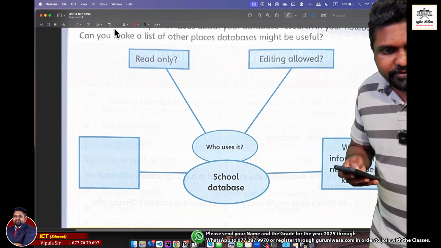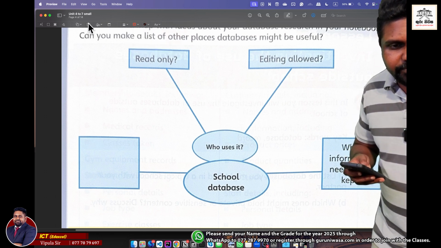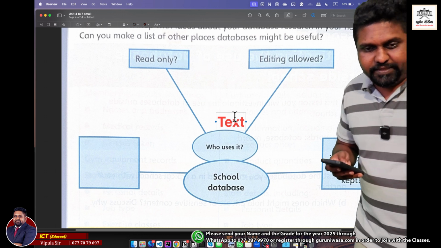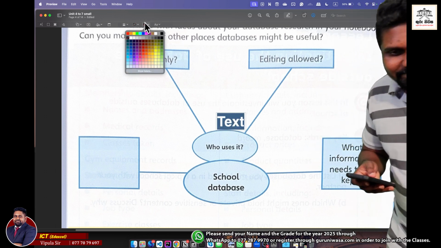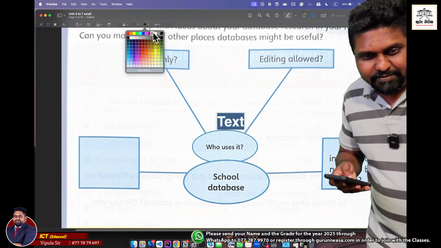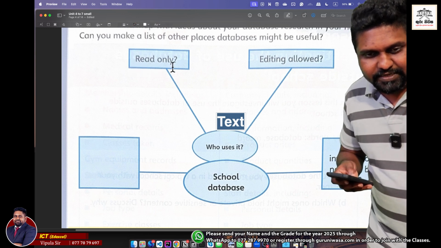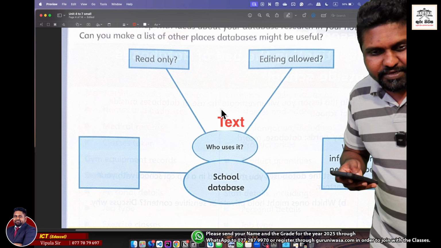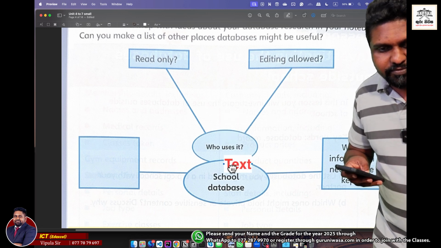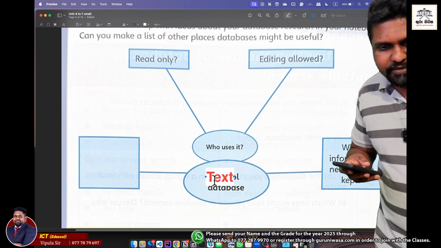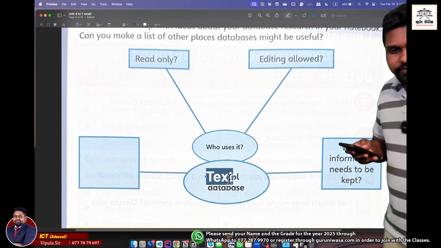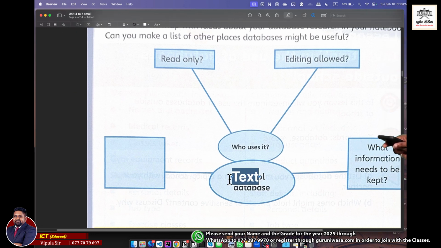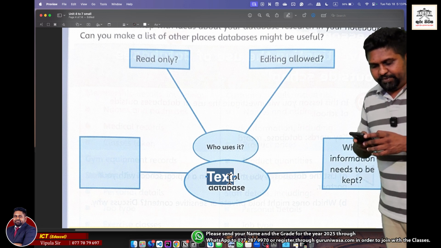Okay, so let me put a text. Here let me put a background color for this as well, so that it will look nice. Okay, I'm just going to put it here. Now the text.